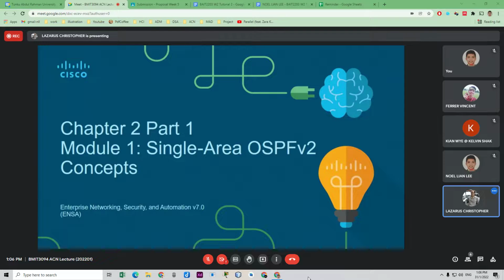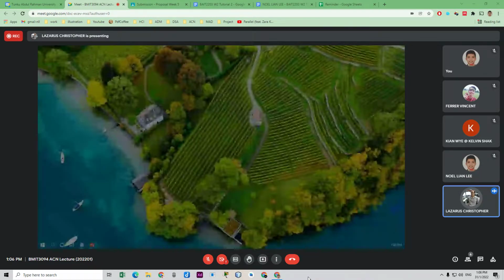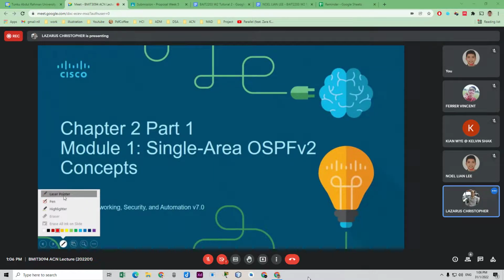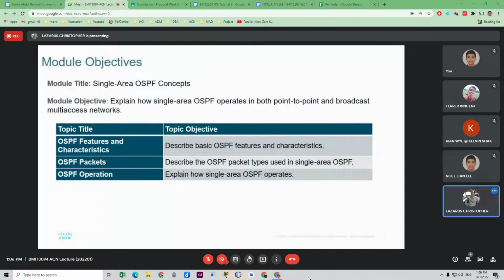Right. So chapter 2, single area OSPF version 2 concepts. Here we just look at the theory part of OSPF. We know that OSPF is a way for our routers to share routing tables, especially for DR and BDR.